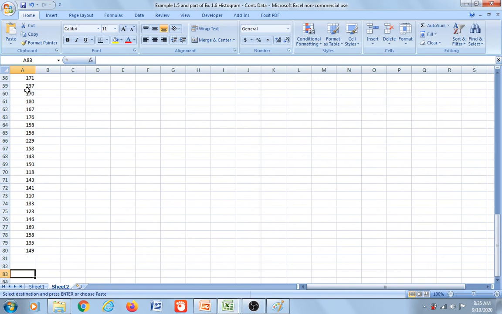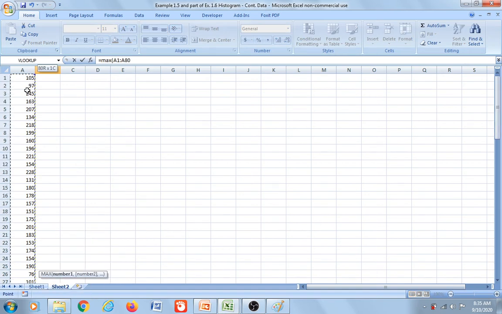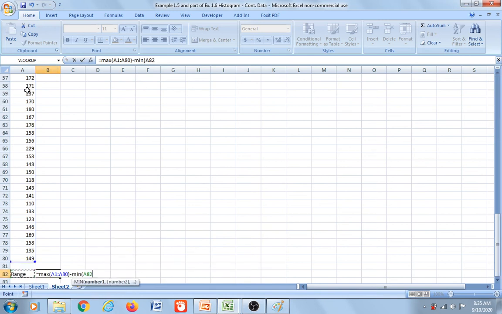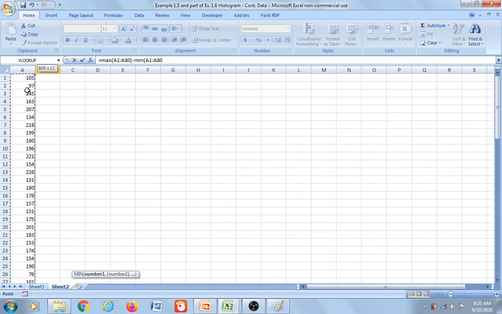Remember, the first thing that we need to do is calculate the range. And what is range? Range is the maximum value of data minus the minimum value of data. So the max minus min of this.